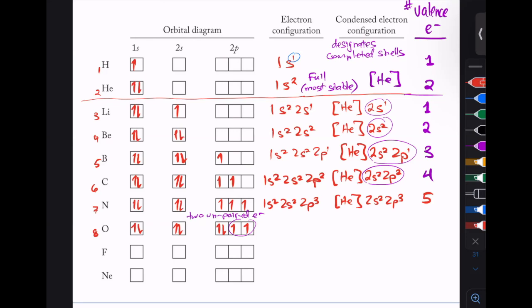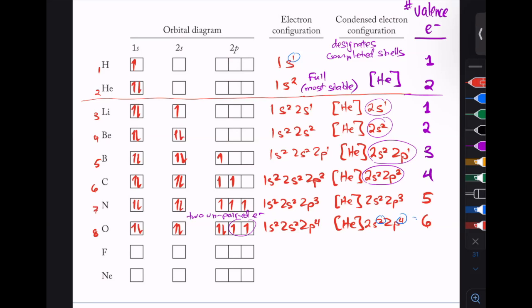All right, let's finish our configurations here. 1s2, 2s2, 2p4, helium core, 2s2, 2p4, and this now has 6 valence electrons. And you can see them, you can count them, 2 plus 4 equals 6.